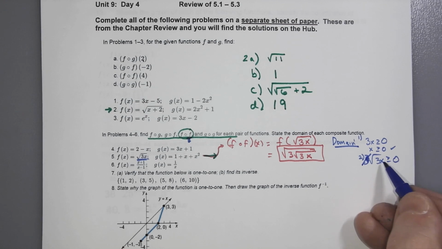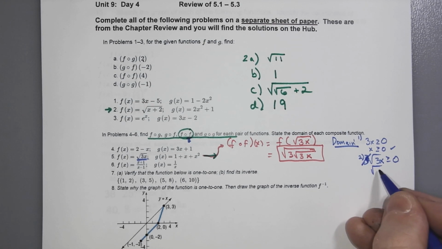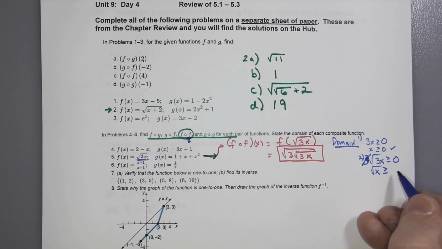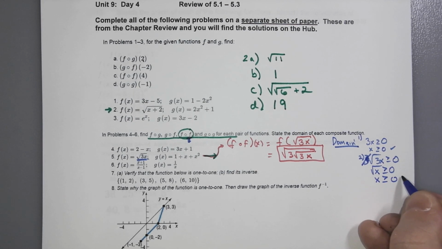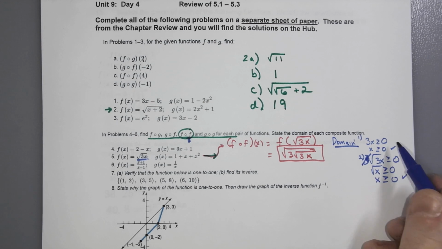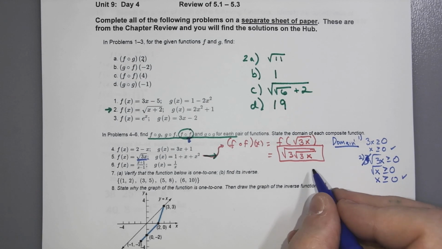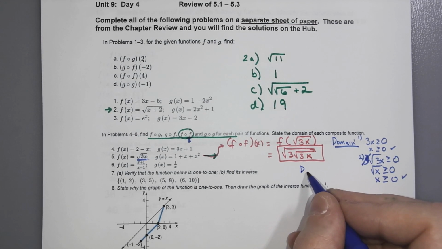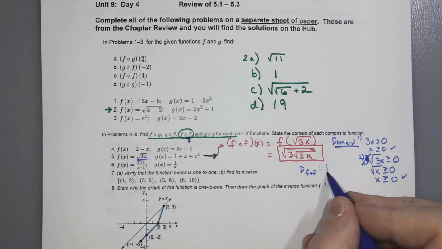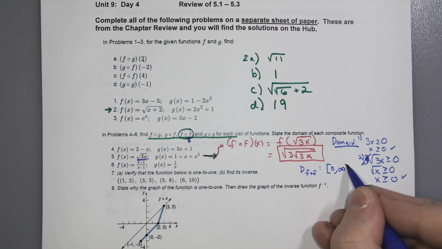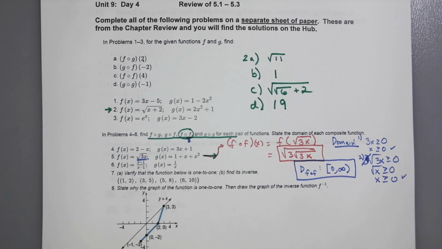Divide by 3, divide by rad 3. It's like saying the square root of x has to be bigger than or equal to 0. And that, of course, happens when x is bigger than or equal to 0. So coincidentally, they're both x bigger than or equal to 0. And our final domain of f composed f is going to be bigger than or equal to 0. So from 0 to infinity.